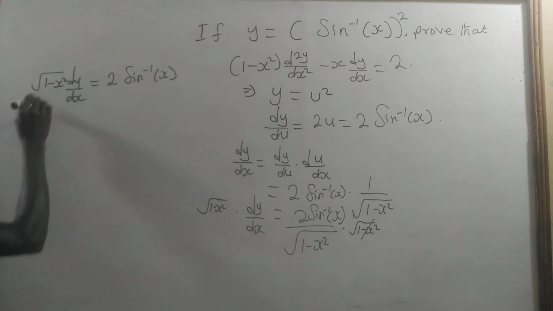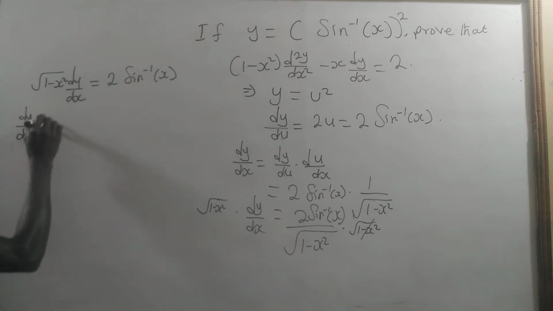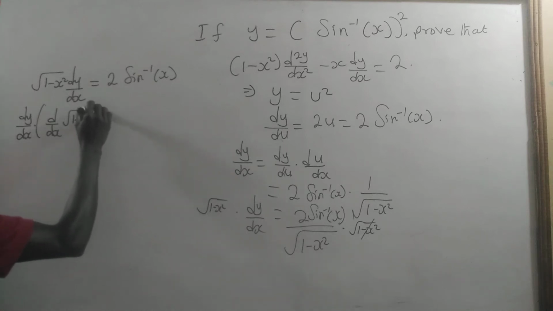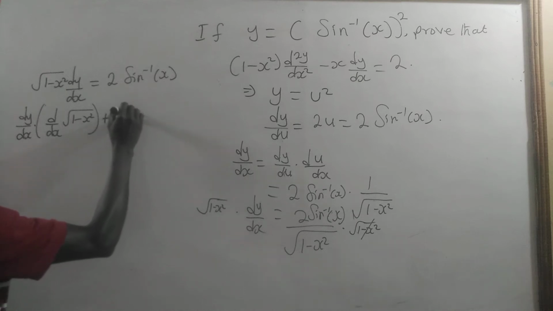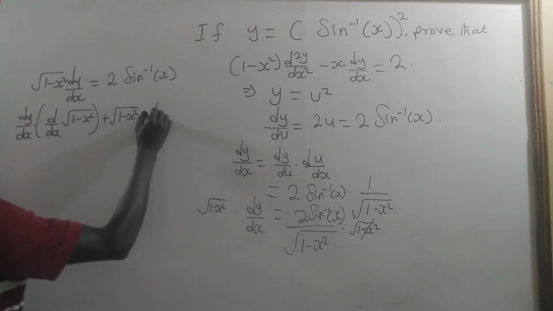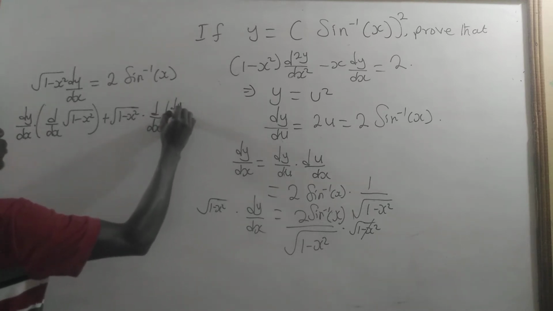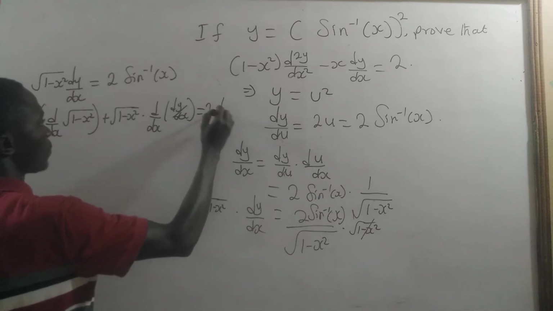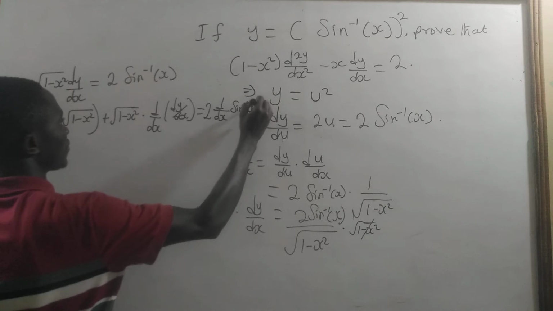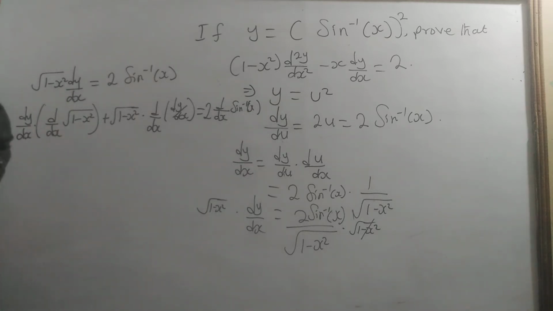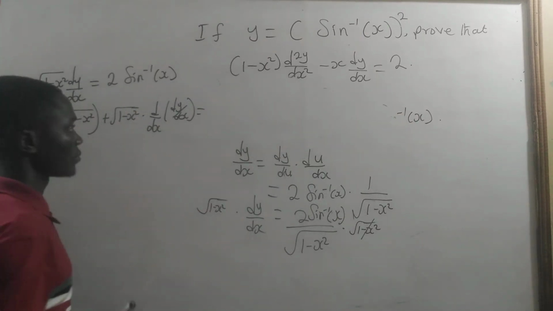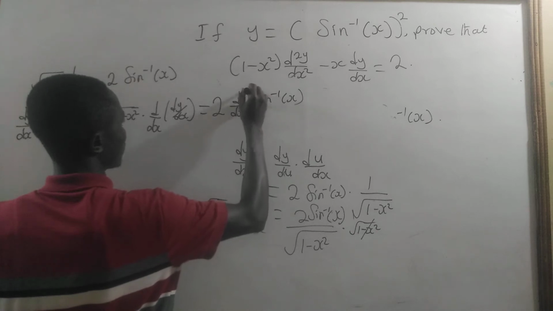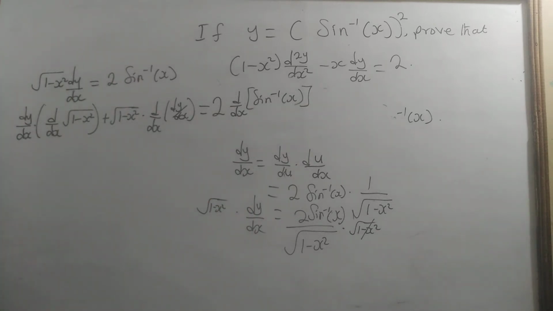So here, we are going to have dy/dx times the derivative of square root of 1 minus x squared with respect to x, plus square root of 1 minus x squared times the derivative of dy/dx with respect to x, equal to 2 times the derivative of the inverse sine of x with respect to x.